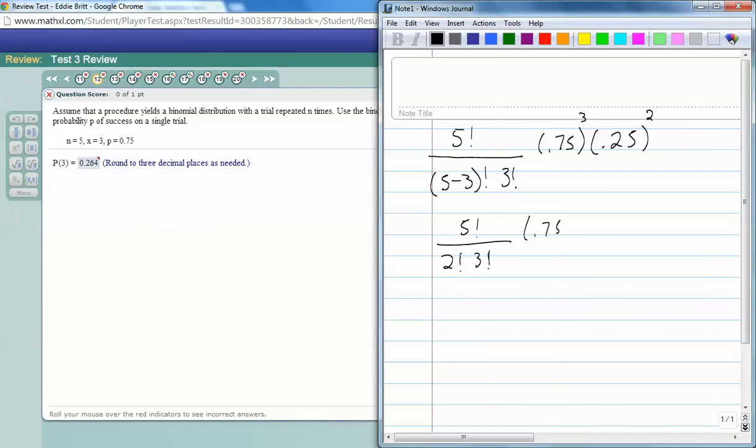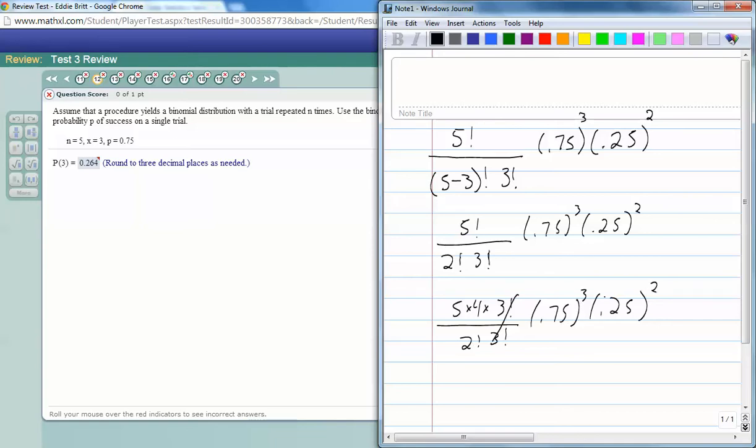Okay, and then we could simplify the numerator by making it 5 times 4 times 3 factorial. Stop there, and the 3 factorials cancel out. And so what you have is 20 divided by 2 factorial, 2 times 1. So 5 times 4 is 20, divided by 2 is 10.